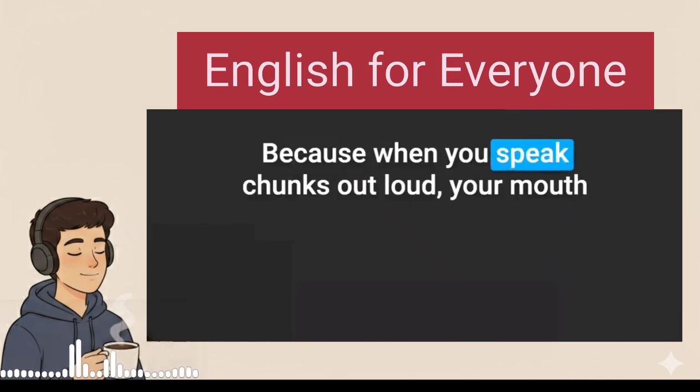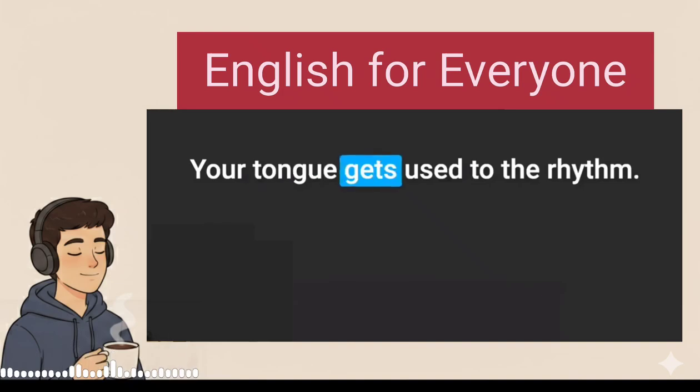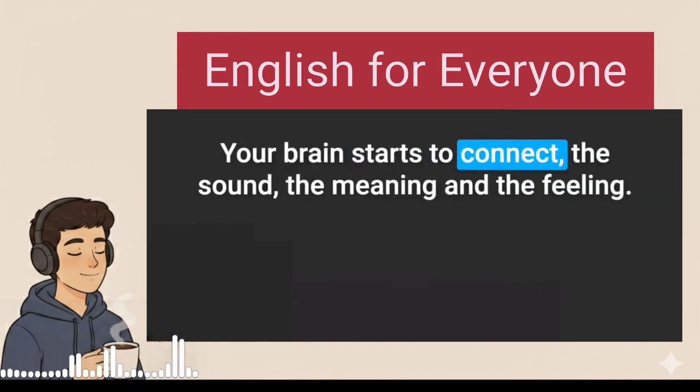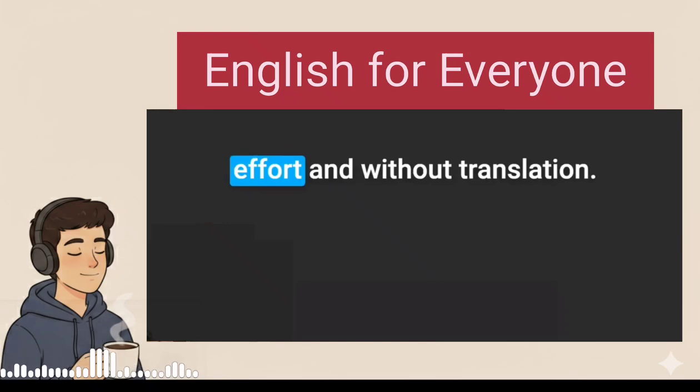Because when you speak chunks out loud, your mouth starts to remember them. Your tongue gets used to the rhythm. Your brain starts to connect the sound, the meaning, and the feeling. And soon, the chunk will come out automatically, without effort and without translation.